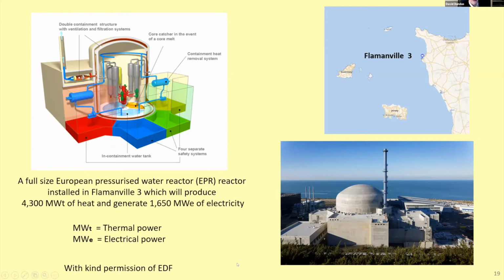It's a big one. Here you can see 4,300 megawatts T, and by the way, that means thermal, so heating power. And that's going to produce 1,650 megawatts of electricity. When it's going to be finished, one doesn't know. I rather hope it's within the next few years.